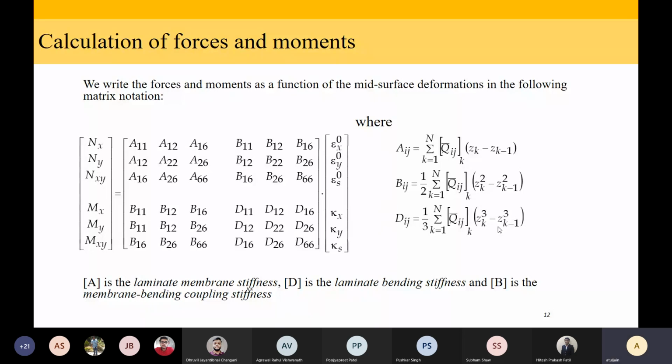For a single ply, the origin is at the center of the plate and the upper thickness is minus t by 2, bottom is plus, and you only have one layer. So what is the relationship between A and D in this case? Single plate with thickness T.